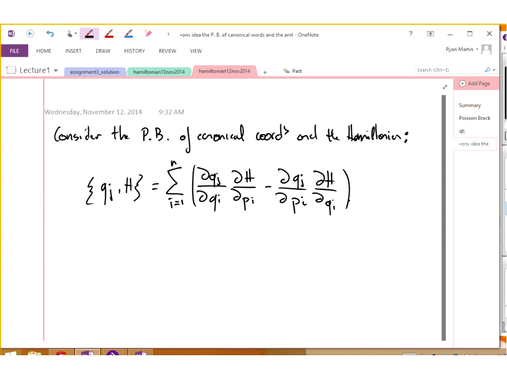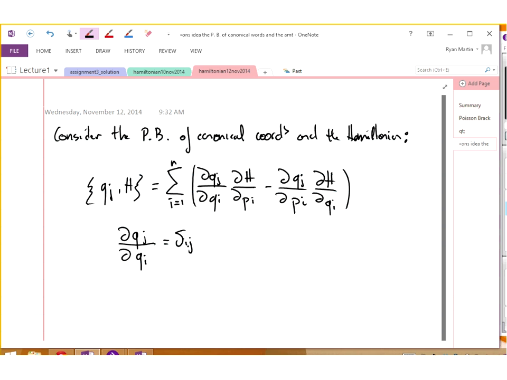Okay? So note a few things. ∂Qj/∂Qi is equal to delta ij. So in other words, it's equal to 1 if j equals i, and it's equal to 0 otherwise.